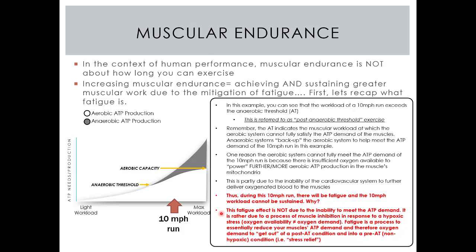Now, hypoxia is not defined as no oxygen. It is defined as oxygen availability does not meet the oxygen demand, which is the main characteristic of post-anaerobic threshold exercise in muscle. And that is the whole reason why the anaerobic systems are needed to back up the aerobic system. And as we all should know, hypoxia for any cell in the body, including muscle cells, is a major stressor.